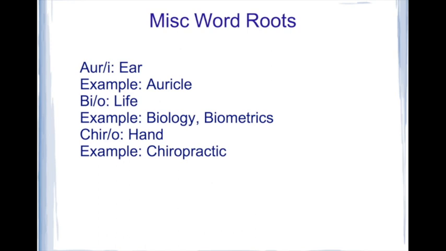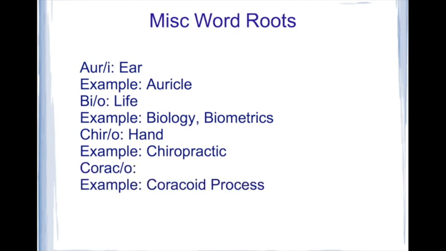Coraco, like coracoid process. Now, a lot of people have trouble with this one. Coraco. Again, oid means resembling. So the coracoid process resembles something. If you know where the coracoid process is, it is on the anterior scapula, kind of sticks out. You can kind of palpate that just below the clavicle near the shoulder joint.